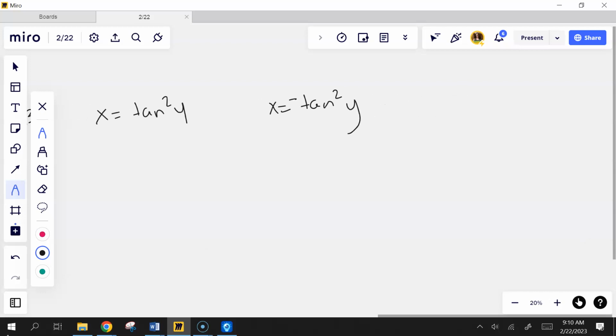This is when y is between negative pi over 4 and pi over 4. No, this one's negative.